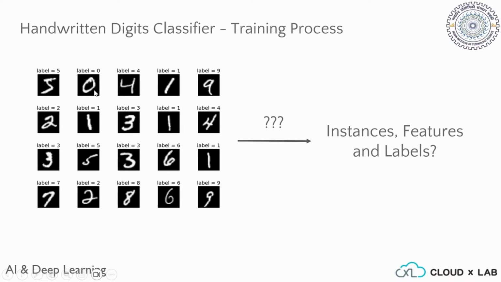Instance means image, so each image is an instance. For example, this is an instance of the first image or first input, and this is an instance of the second image or second input. Features means if the image size is 28 by 28, then there will be 28 into 28 features. And label means its category, its class.